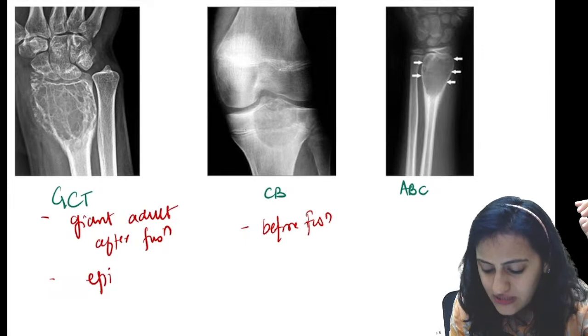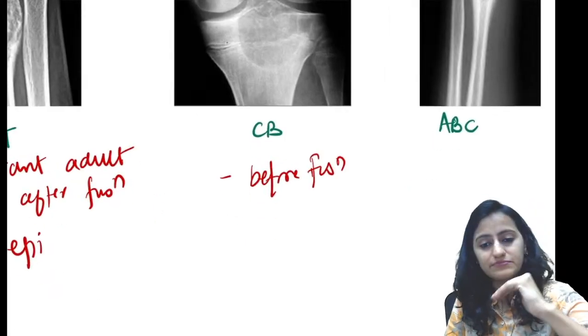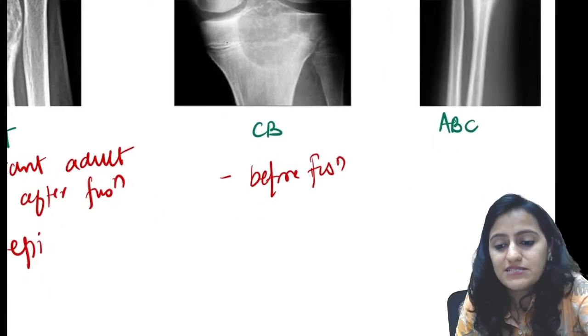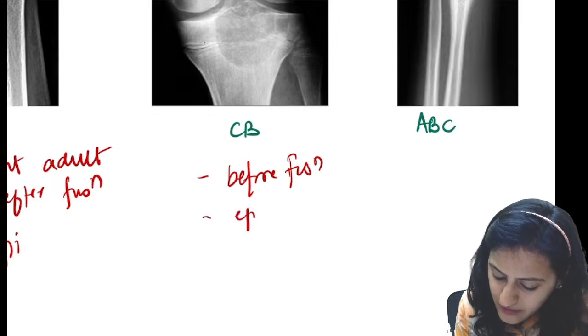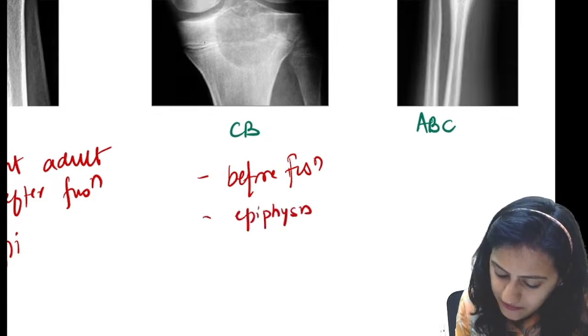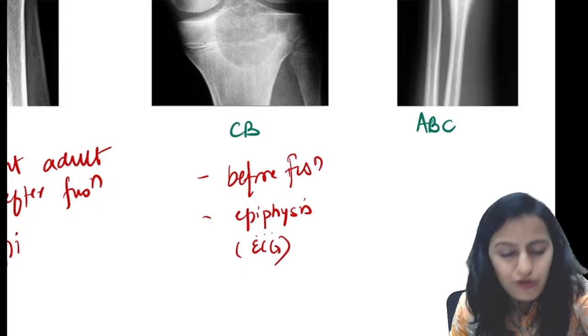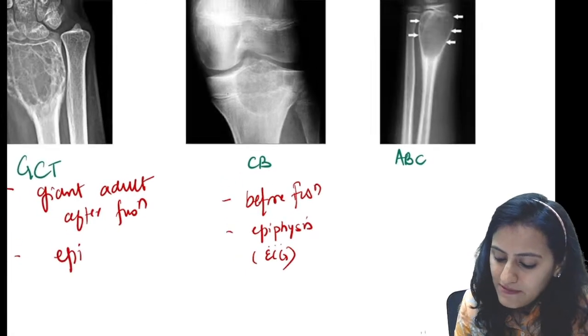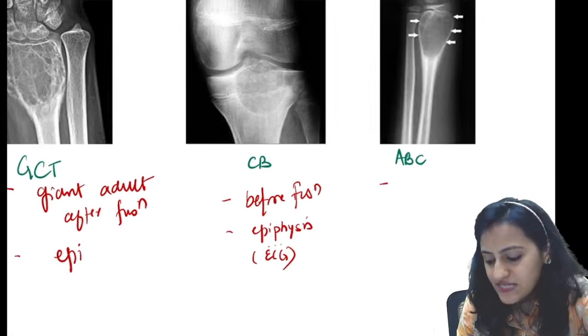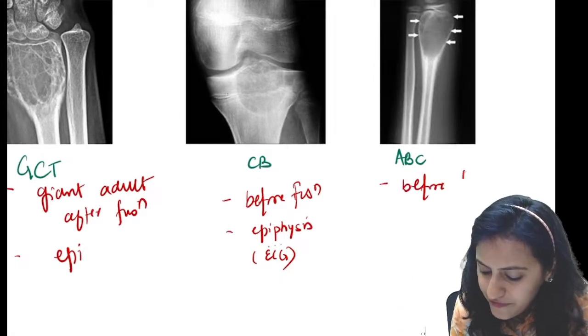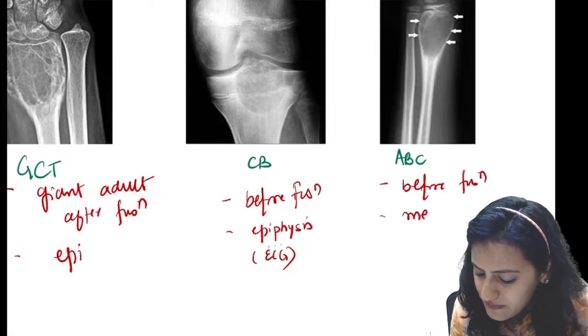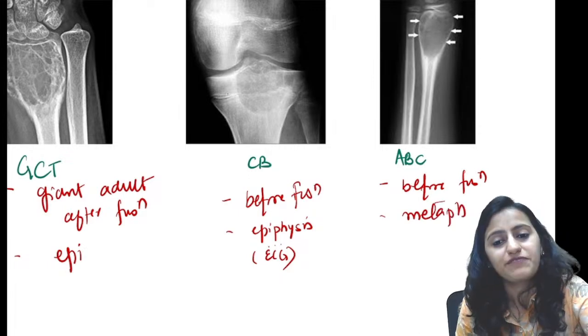We generally use the term blastoma for pediatric. So remember, this is before the fusion. And we know that this involves the epiphysis. It is ECG. So epiphysis is chondroblastoma, GCT. ABC is exactly opposite of GCT. It is before the fusion and it involves the metaphysis, not the epiphysis.